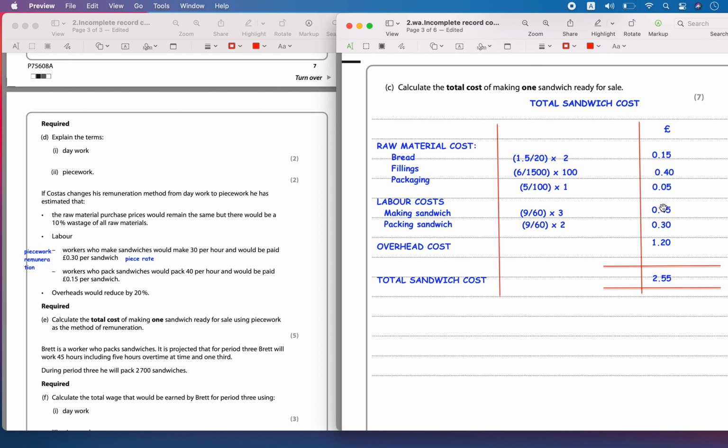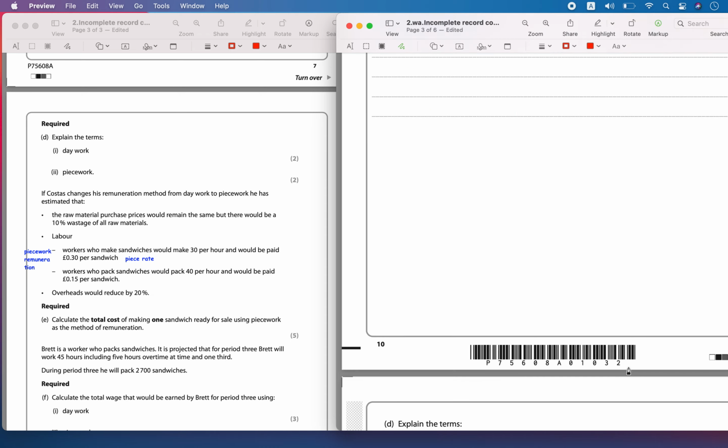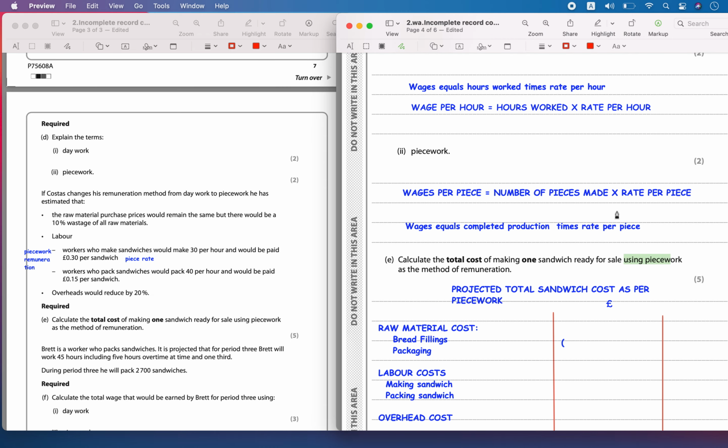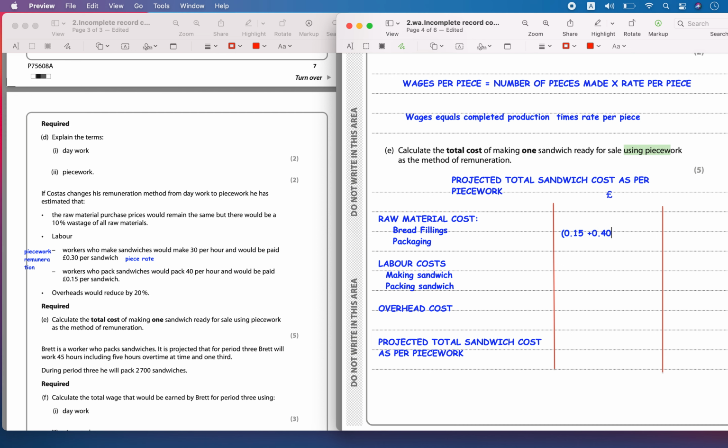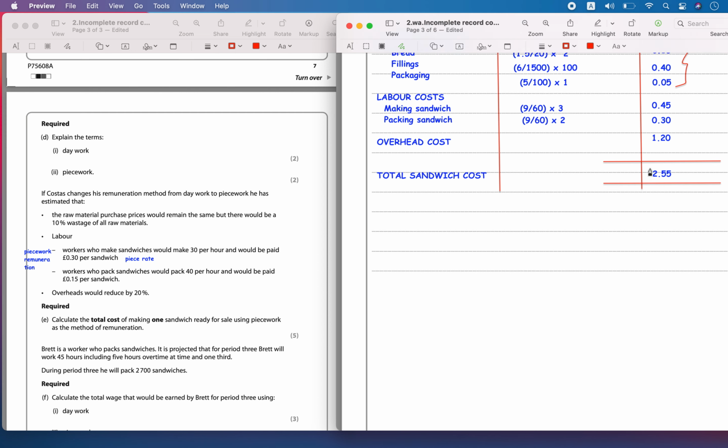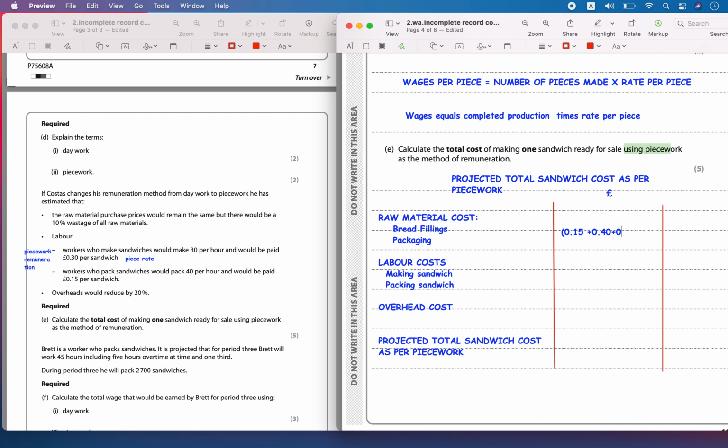These three were the raw material costs, so let's add up this cost: 0.15 plus 0.40 plus 0.05, and plus 10 percent.